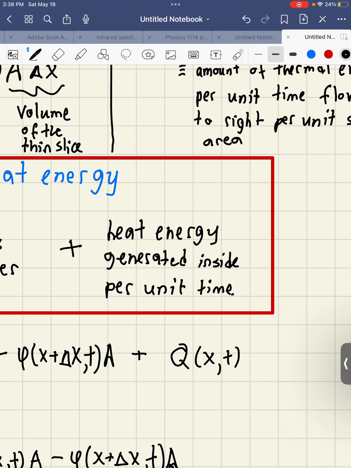And since that's our density, to get the heat energy generated, we're going to multiply by the area times the delta x.